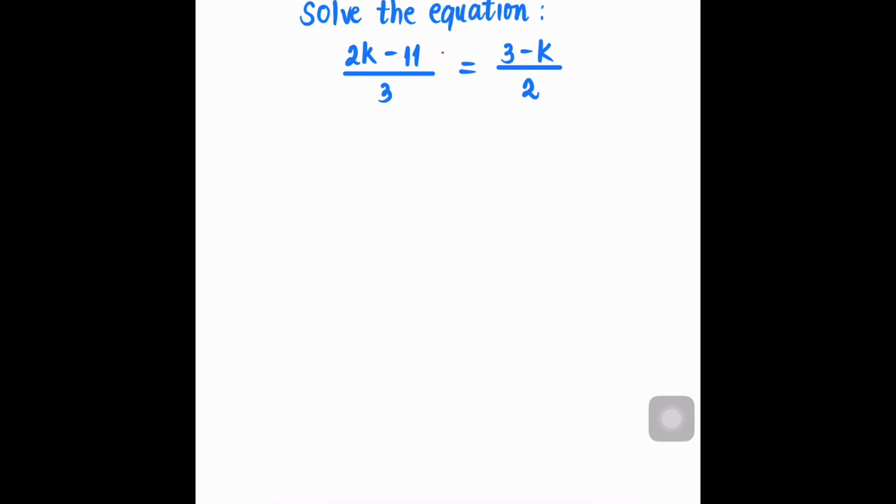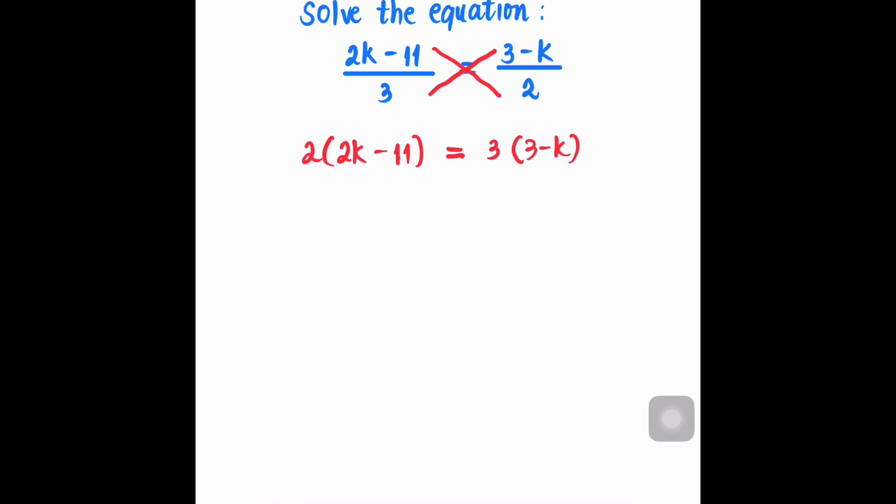We're going to have 2k minus 11 multiplied by 2, which is the denominator of the fraction on the right, equals the numerator 3 minus k multiplied by 3, the denominator of the fraction on the left. So literally it's cross multiplication.